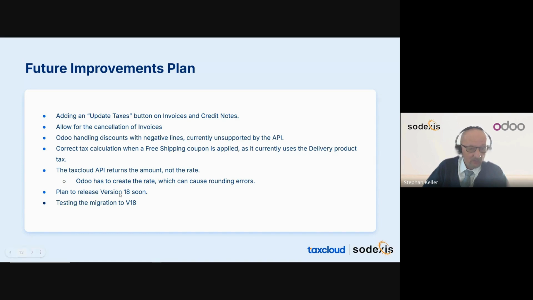We're, of course, planning to release version 18 very soon. It's almost ready. And we're also testing the migration to V18, not only from V17 to V18, but also from all the versions. If somebody is using the Odoo code, what will happen when you migrate to V18 and switch to the new connector, as Odoo doesn't have a TaxCloud connector in V18, okay?